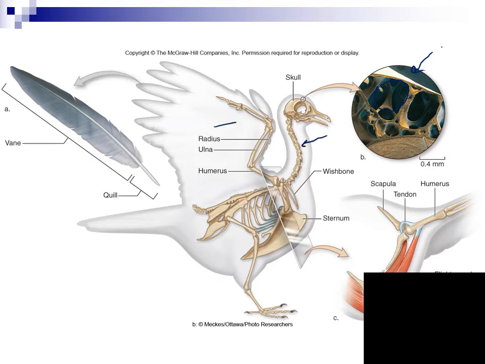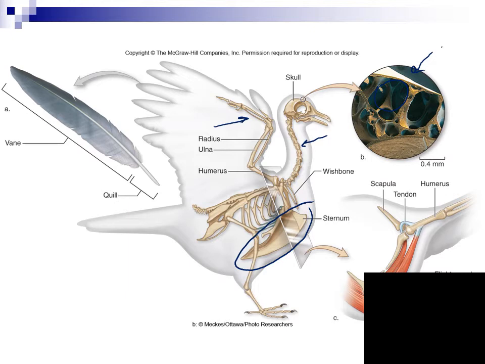They have the same bones in the arm. The sternum, which we have, that's our breastbone. Theirs is larger than ours because they've got to attach all of their wing muscles to that bone so that they can fly. So they have a very similar skeleton to ours, but there are certain parts that are adapted specifically for the way that the bird lives.